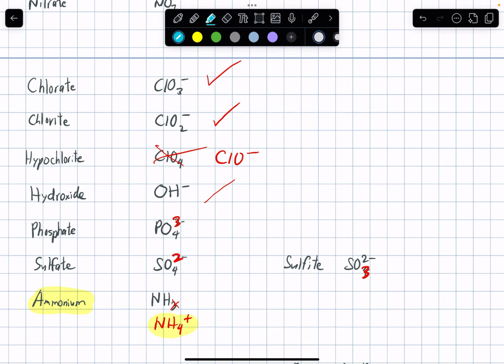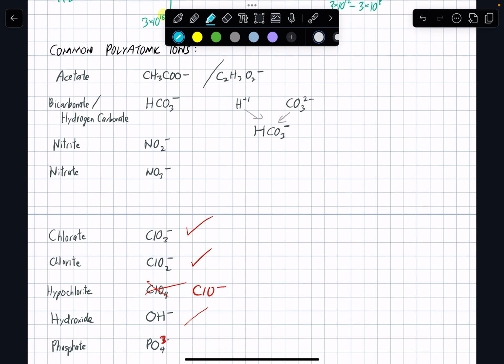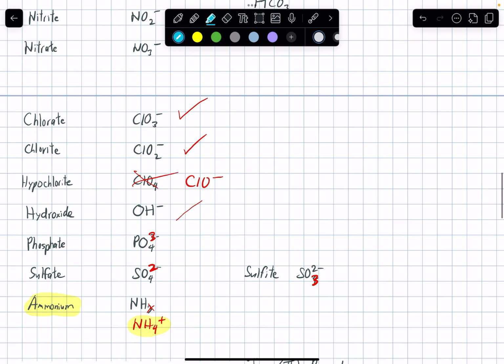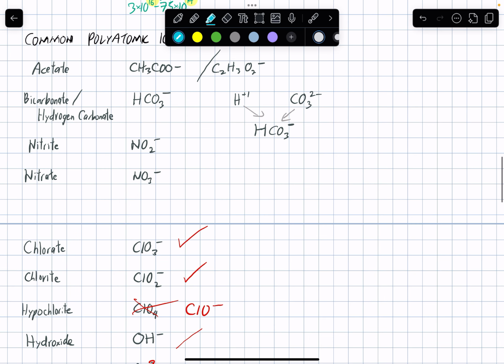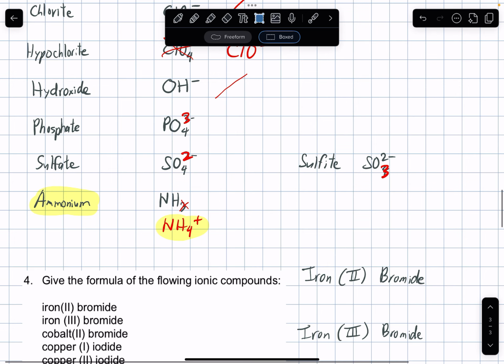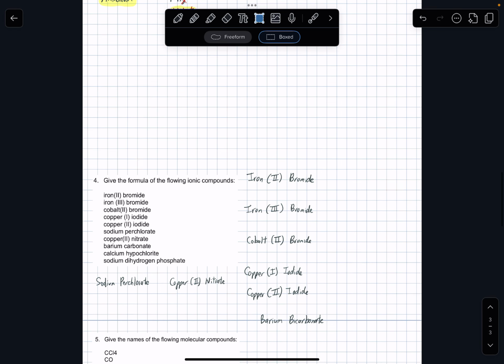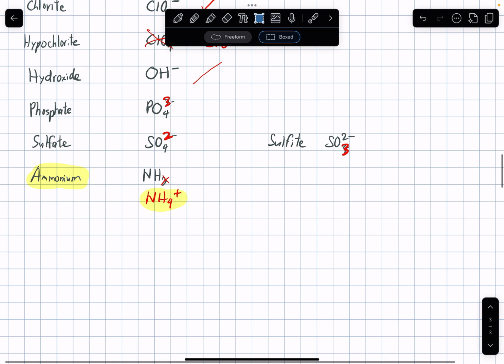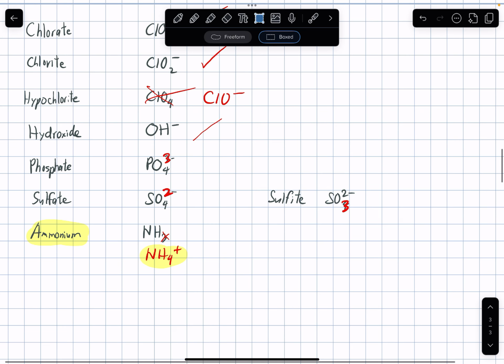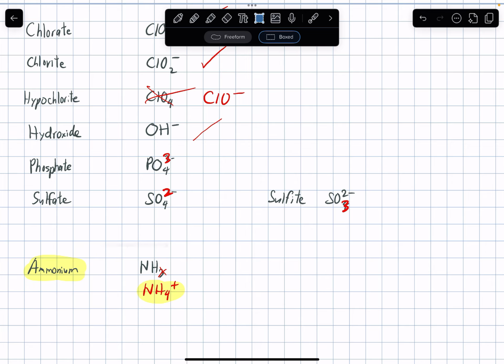Let me tell you one way to memorize. Let me just write carbonate. So that's going to be CO3 2 minus.